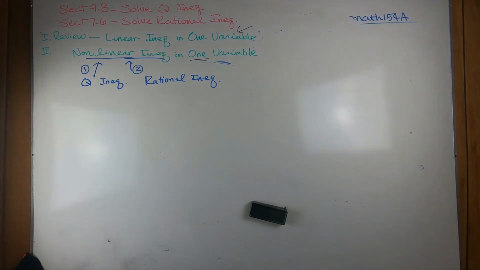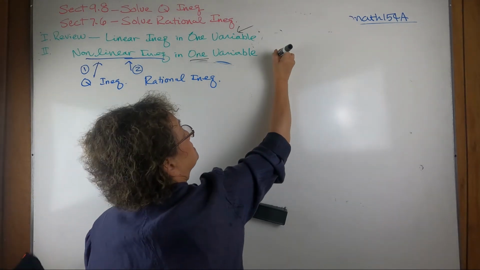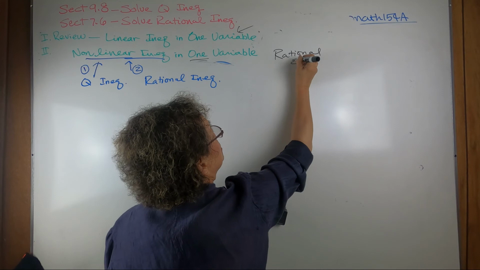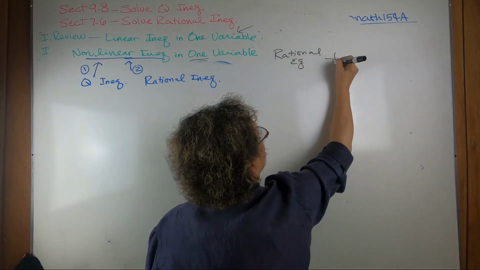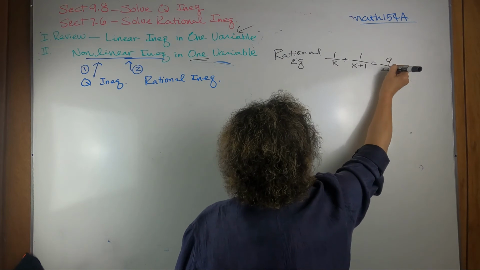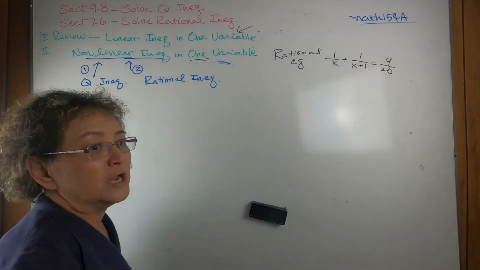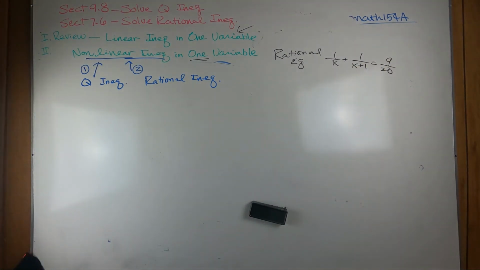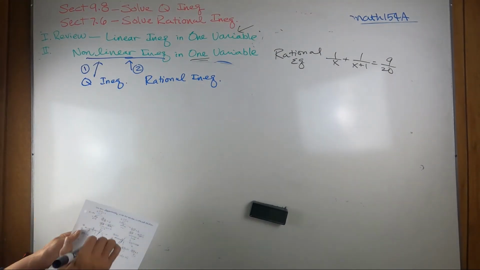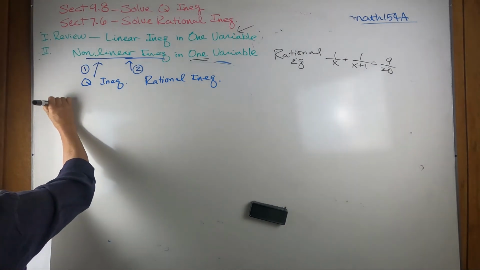We did rational equations, like 1 over x plus 1 over x plus 1 equals something, with fractions. Then rational inequalities we are going to do, let's look at page 25.